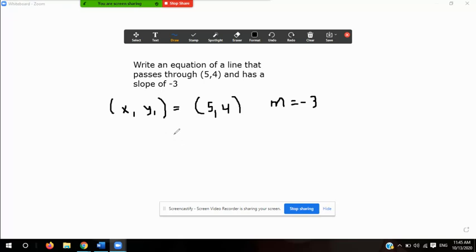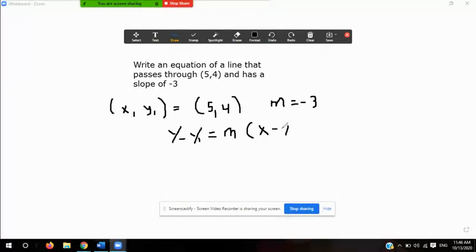So I have an ordered pair, I have a slope, and I said that whenever you have an ordered pair and a slope, the formula that you use is what we call the point-slope form, which is y minus y sub 1 equals m, which is the slope, times x minus x sub 1.